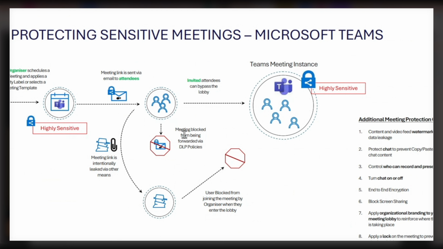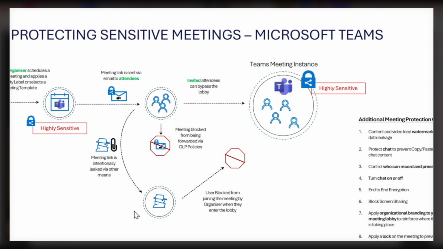But I don't think that necessarily goes far enough, because that just stops us from being able to send or forward the email. What if I took a photo of the join coordinates of the Teams meeting and leaked those via other means? It is a risk.